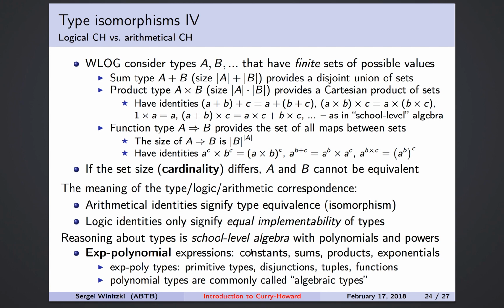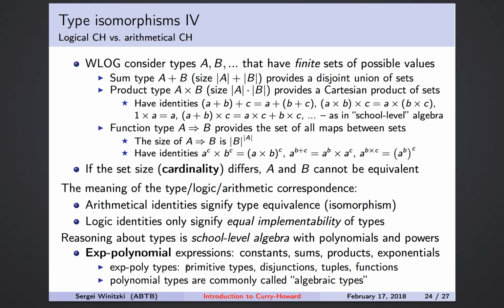are made up of constants or primitive types, disjunctions, tuples or conjunctions, and functions, which will then directly be translated into exponential polynomial expressions: constants, sums, products, and powers, or exponentials. So I call these exponential polynomial types, that is, types built up from these type constructions.